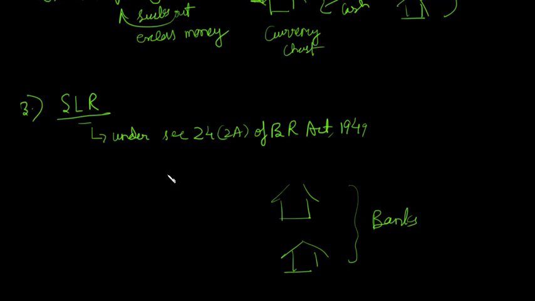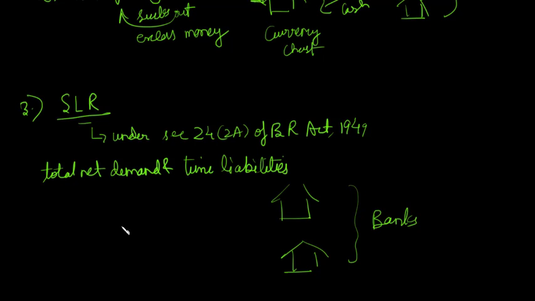So the concept behind SLR is that banks in India are required to maintain a certain percentage of their total net demand and time liabilities in the form of government securities and approved securities such as gold, cash or other approved securities, precious metals for example.